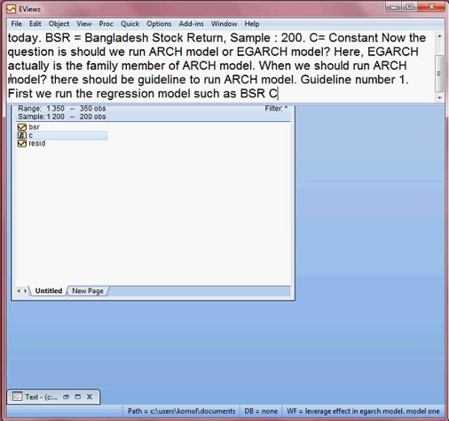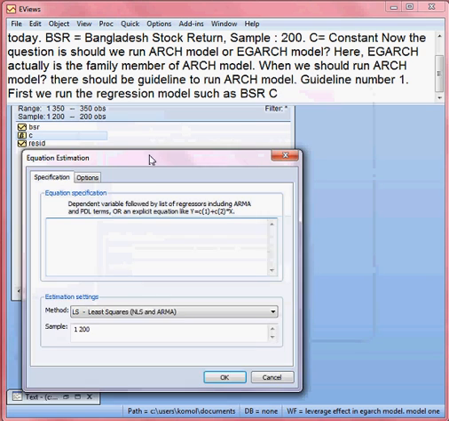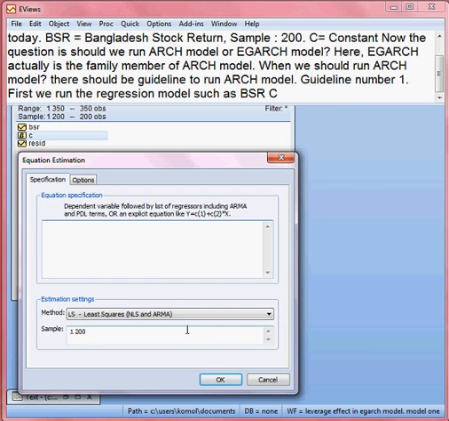So I go to Quick, Estimate Equation, and here I put BSR and C, where BSR is the dependent variable, Bangladesh stock return, and C is the constant, with no independent variable.